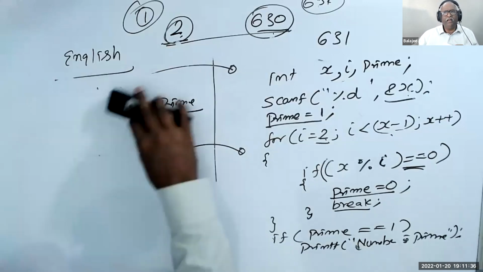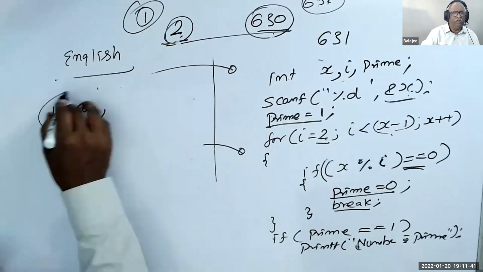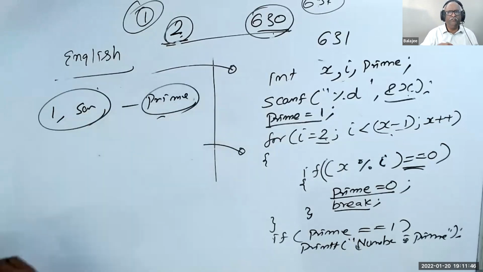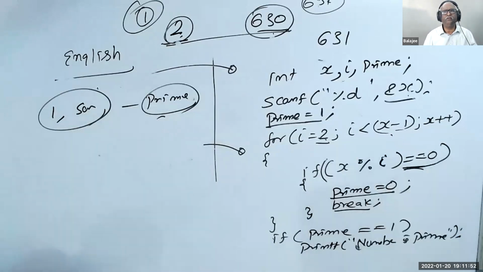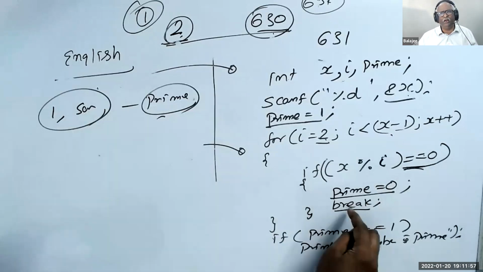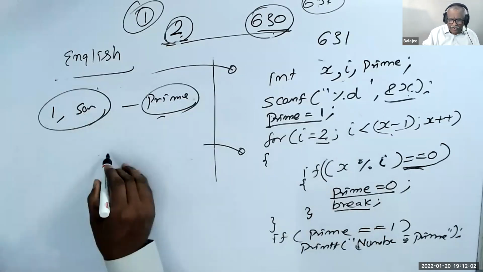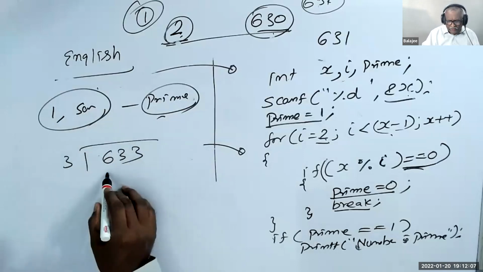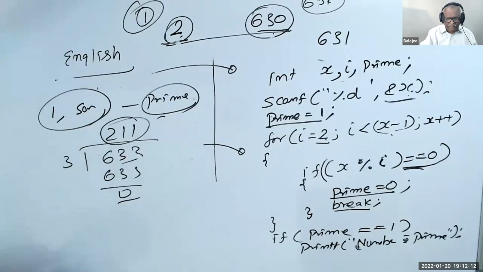If a number has only one and the same number as factors, then it's a prime. If you don't have any other factors, that's what I check for here. The advantage of the break is that the moment you know it's divisible by 3, let us assume you do it yourself. When you take 633 and divide by 3, you find out it has a factor. 211 is a factor and 3 is a factor.